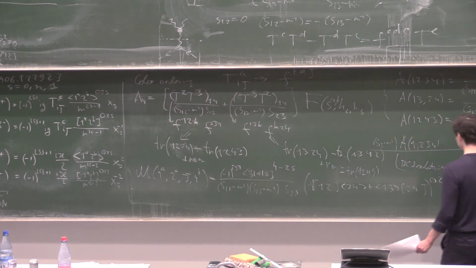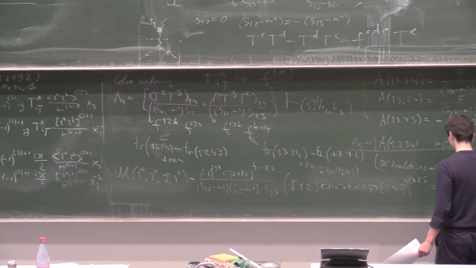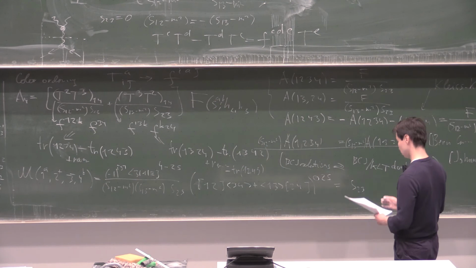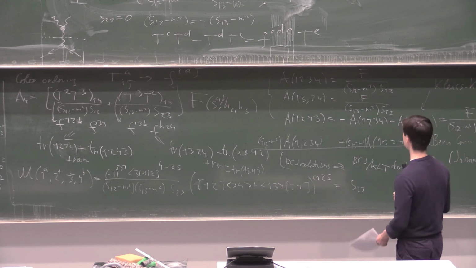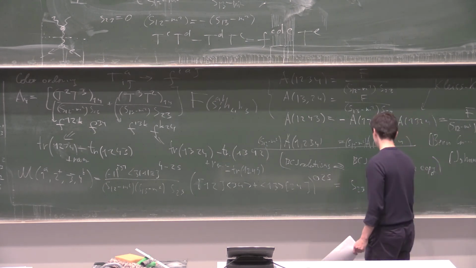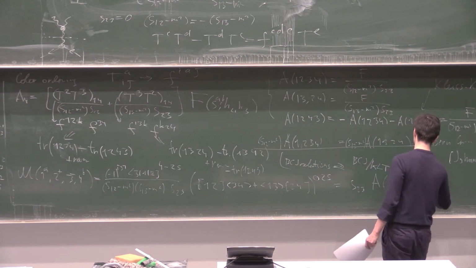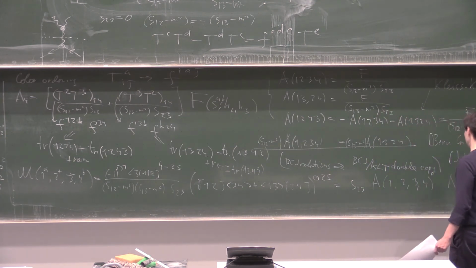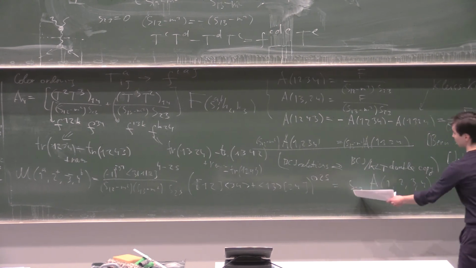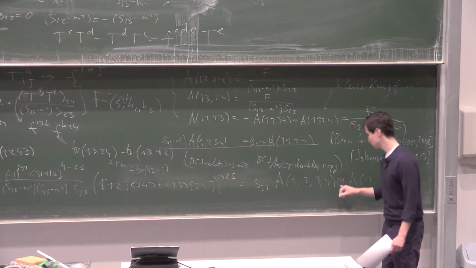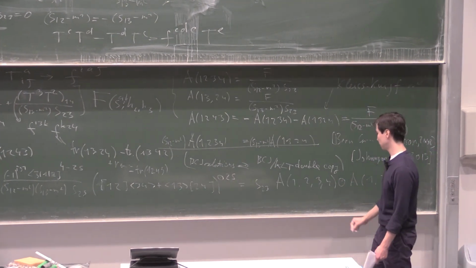So here I just used that equation that I think I had on the board. So actually I took this thing, and I took the other ordering, and I multiplied with S23, and I only did it with complete symmetrization.